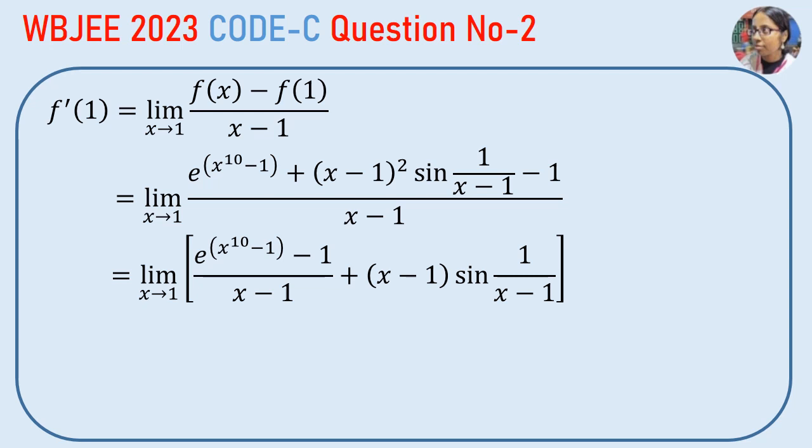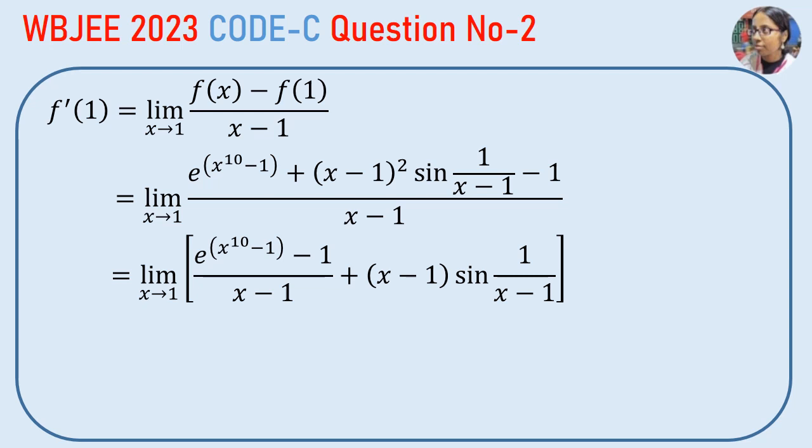If the limit as x tends to 1 of (e to the power x to the power 10 minus 1 minus 1) upon x minus 1 exists, and similarly limit x tends to 1 of (x minus 1) sin 1 upon x minus 1, both these limits exist, then the whole limit exists.